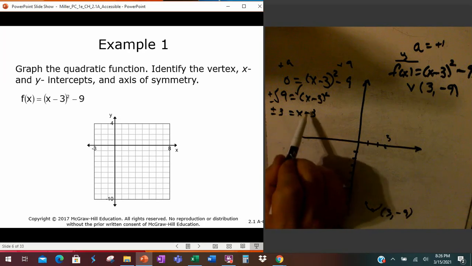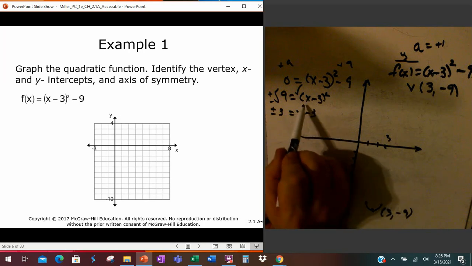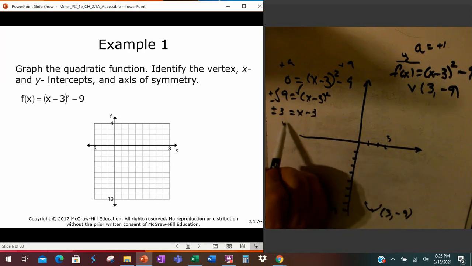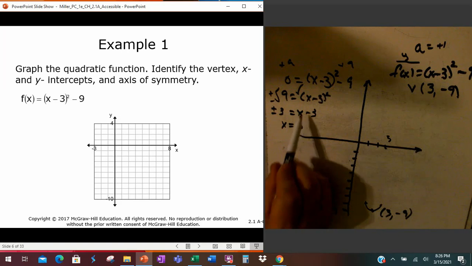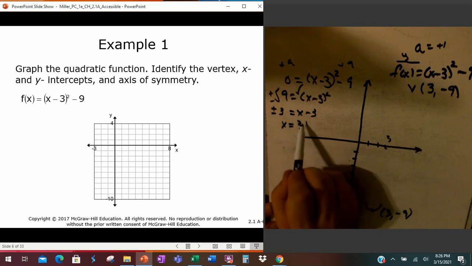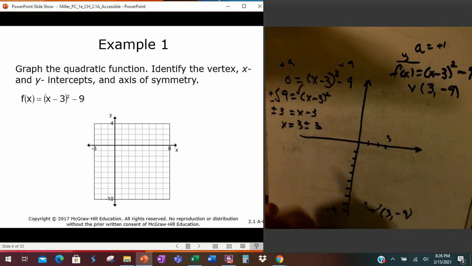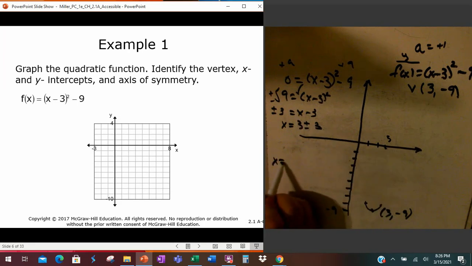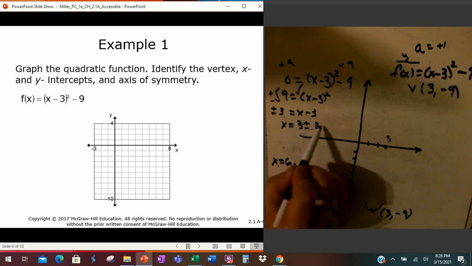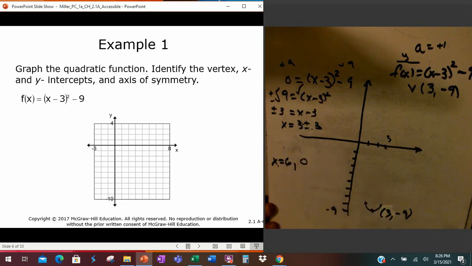I'm going to add +3 to both sides. And I get my x, I'm going to write it this way, 3 plus or minus 3. So I'll have two values. 3 plus 3, my first one is 6. And then my second one is 3 minus 3, which is 0.